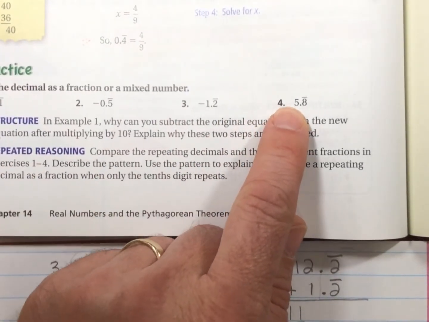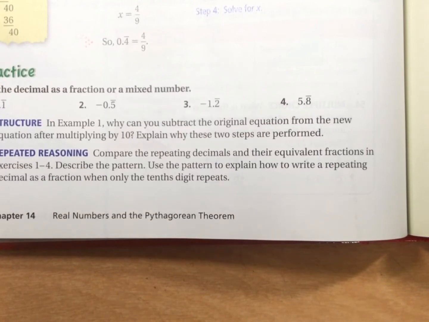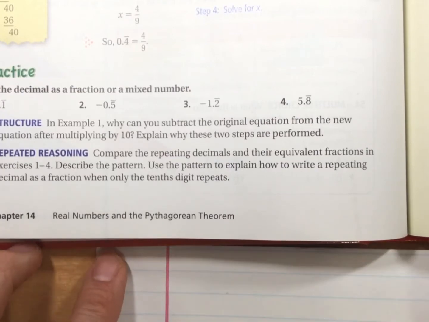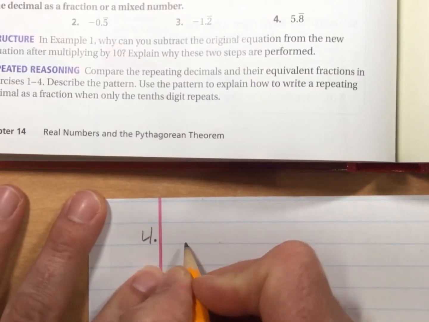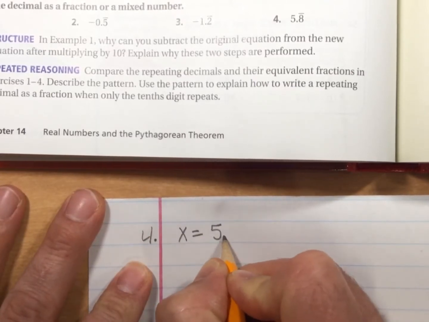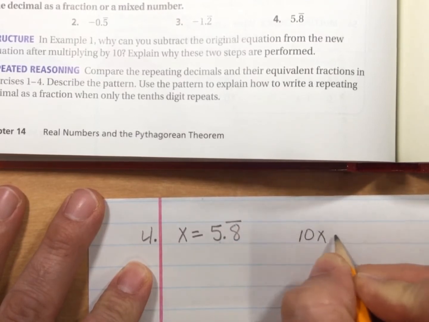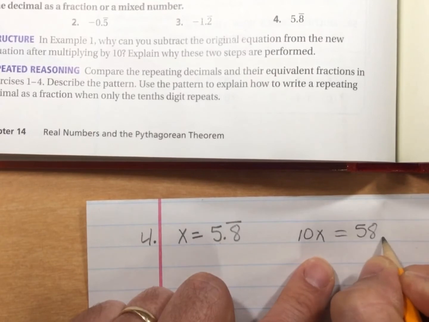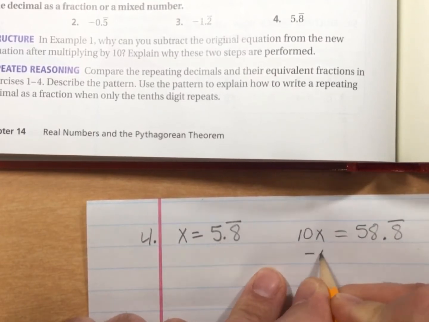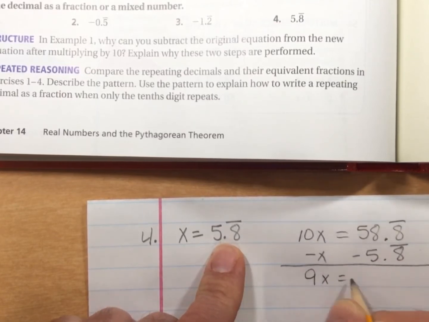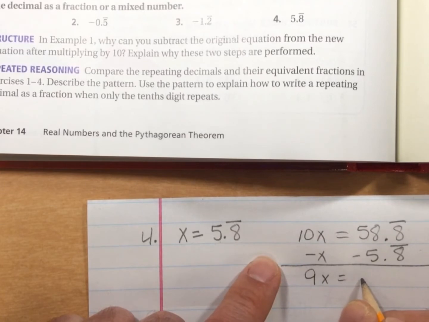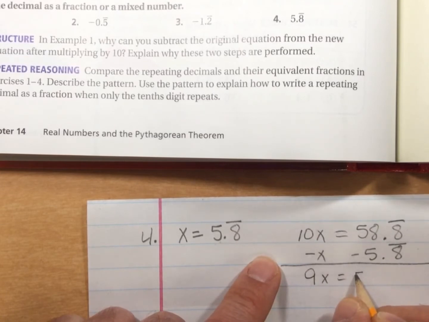Here's the next one, 5.8 with the 8 repeating. Without doing that problem, what would you anticipate the answer to be? I bet you are right, but we'll try anyway. x equals 5.8 repeating. 10x equals 58.8 repeating. Subtract x, subtract 5.8 repeating. 9x equals 53.